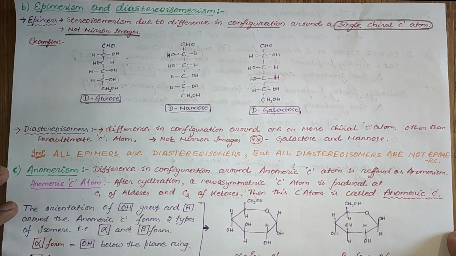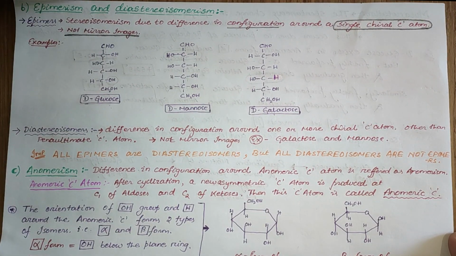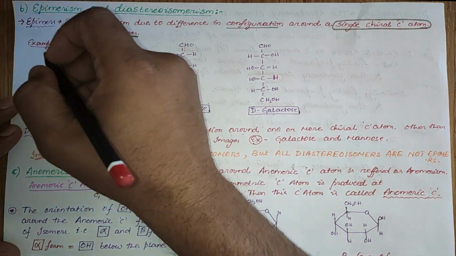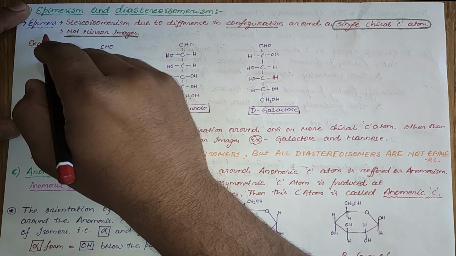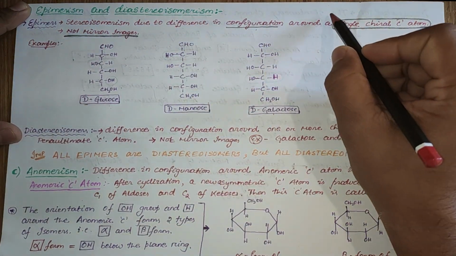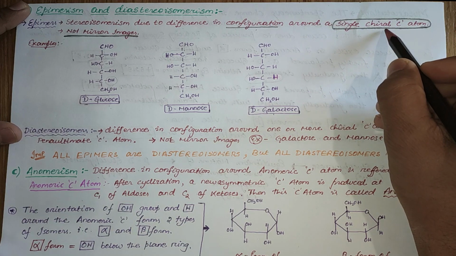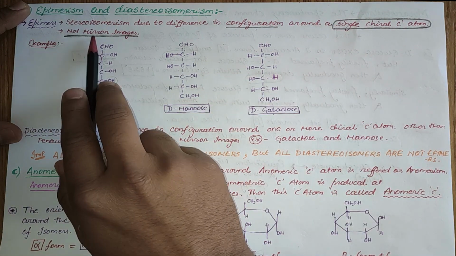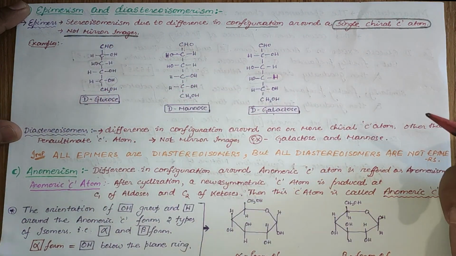Next we are going to talk about another type of stereoisomerism coming under optical activity, that is epimerism and diastereoisomerism. Epimers are isomers that differ in the configuration around a single chiral carbon atom, and epimers are not mirror images of each other.